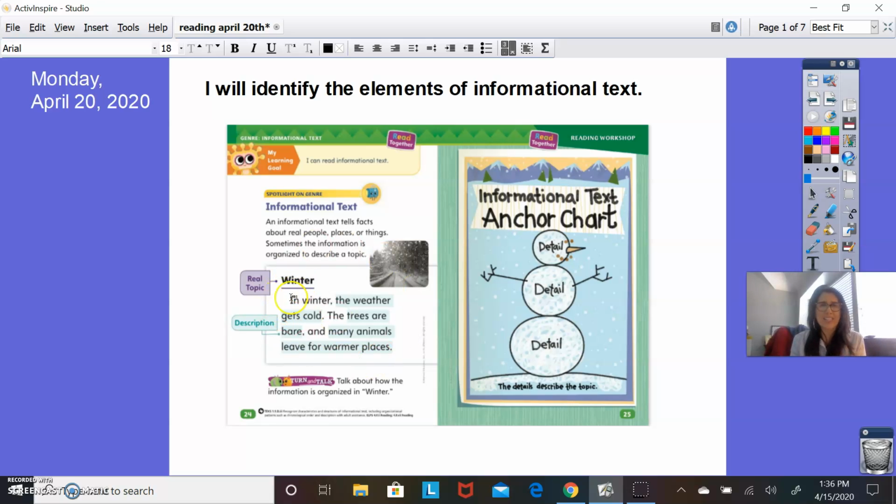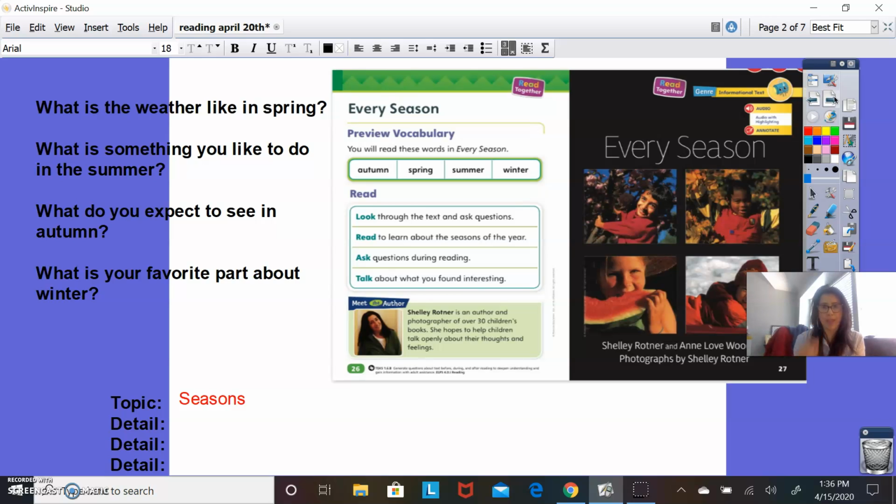Once we identified that, we moved on to the book Every Season. Our job was to identify the topic and some details in Every Season. After looking at the cover of our book, and also reading, we decided that what the text was mostly about was seasons.